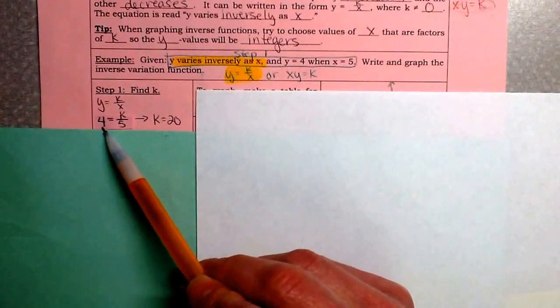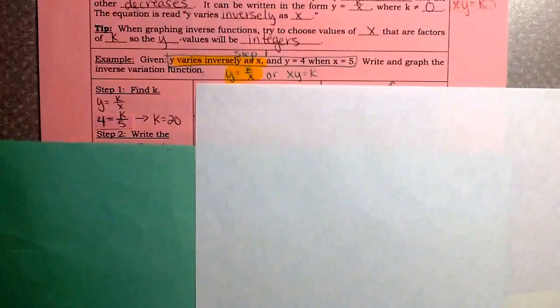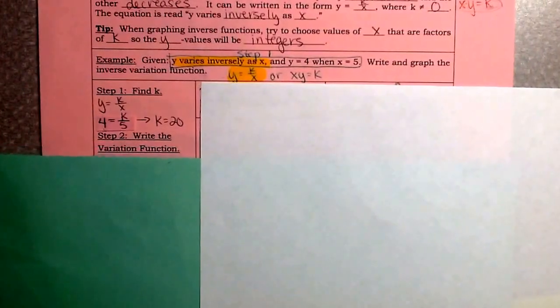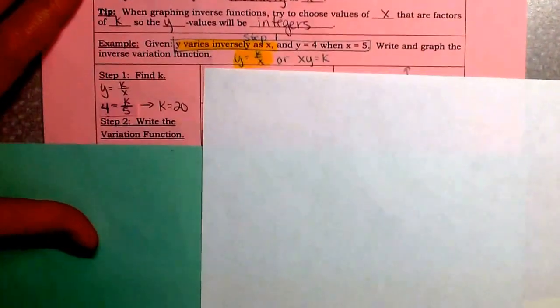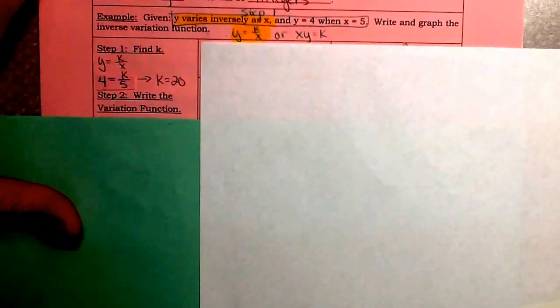So we're going to plug in 4 and 5 and find that our k value is 20. The second step is we want to write the variation function. So when we write the variation function, remember that x and y are going to change depending on where you are on the graph, but k is going to stay constant. So we only fill in the value for k. So y equals 20 over x.